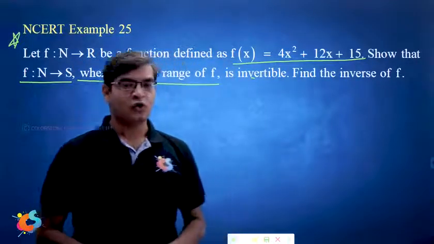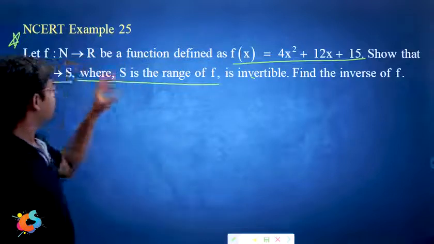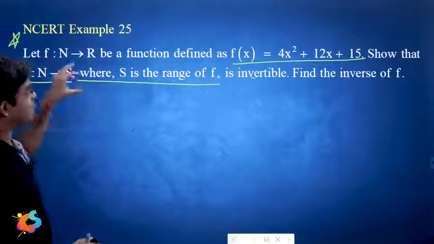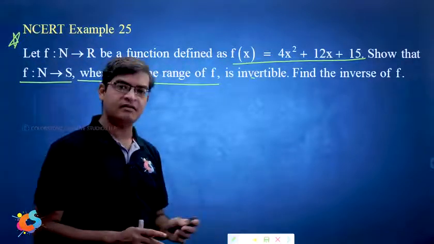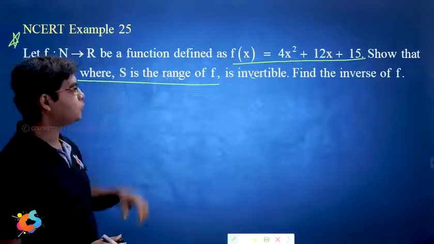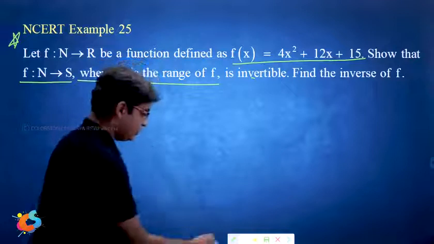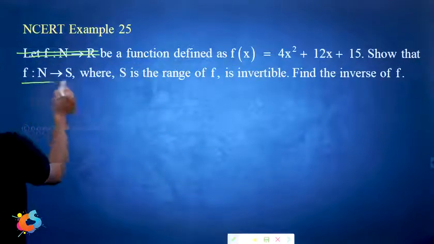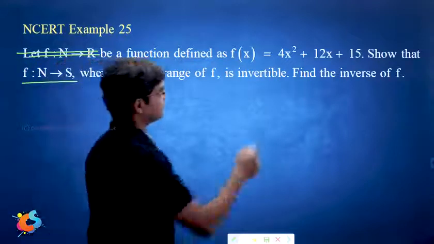Okay. So here there might be a little confusion. f maps from N to R is given, and later show that f maps from N to S is invertible. Whenever you have such a question in boards, you don't need to think much. You have to just forget about this. We have to show that this function is invertible, and what is f of x? This one.